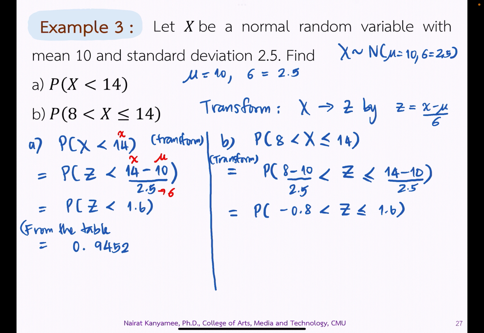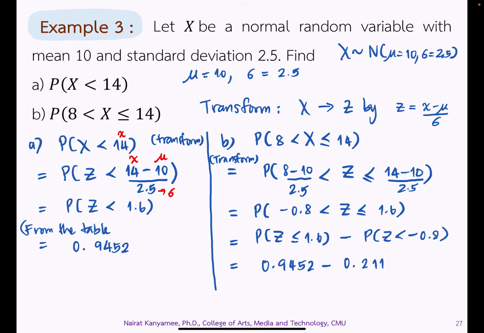This piece is in the middle. What we did before, it's going to be P of Z less than or equal to 1.6 minus P of Z less than minus 0.8, right? Go look in the table. It's in part A: this is 0.9452, and for Z less than minus 0.8, from the table the probability is 0.2119.